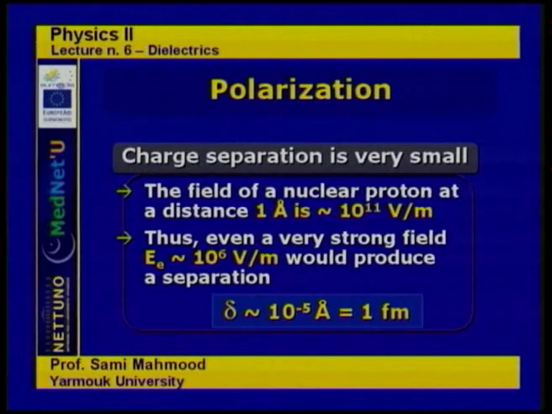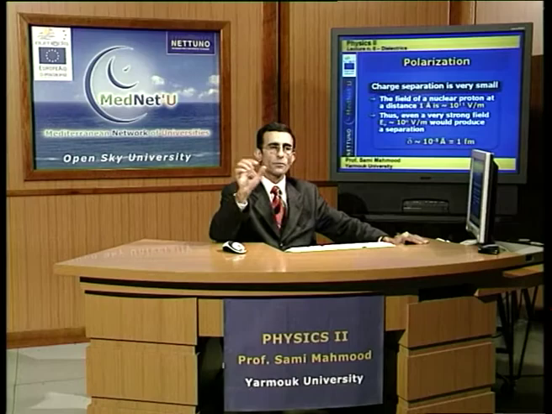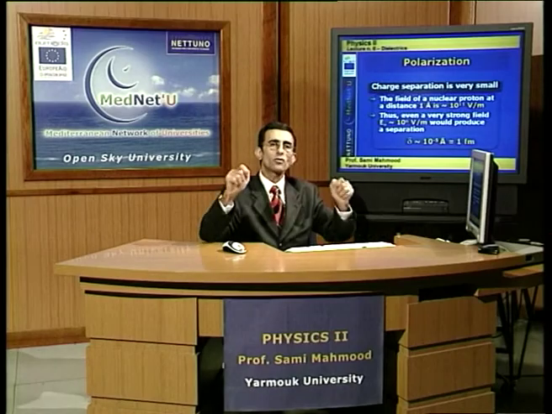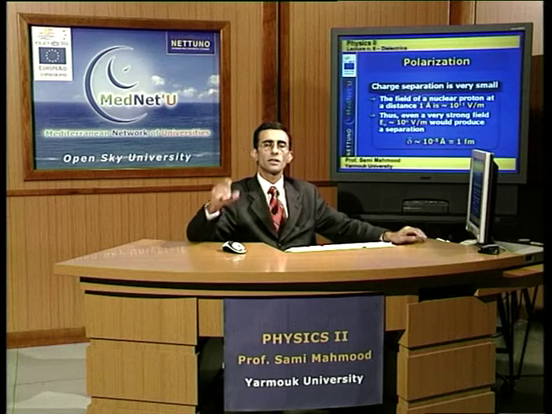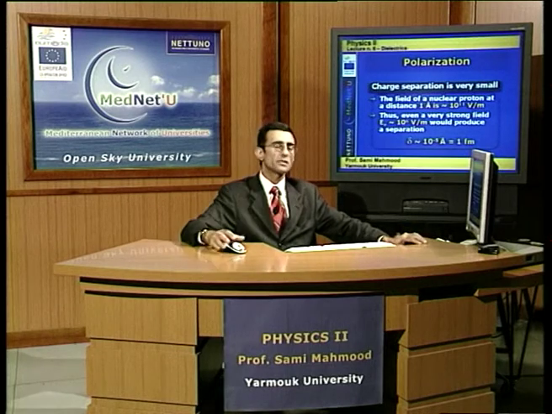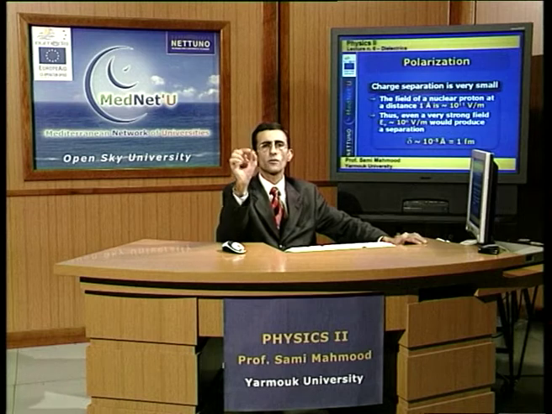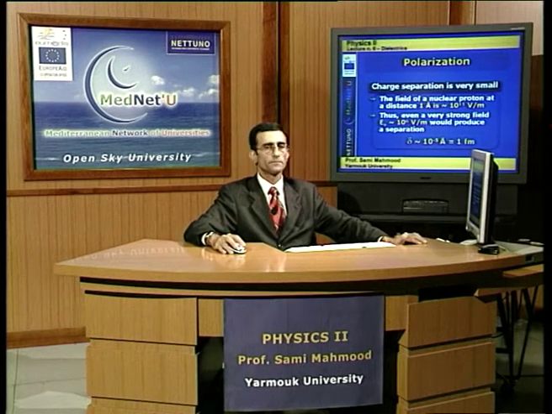That means delta, the separation, even by a very strong field like 1,000,000 volts per meter, is a very, very small separation of the order of 1 femtometer, which is of the order of the size of the nucleus itself, actually.